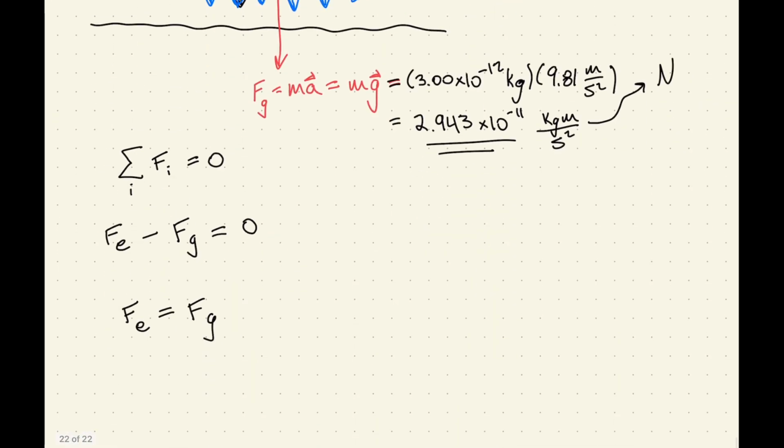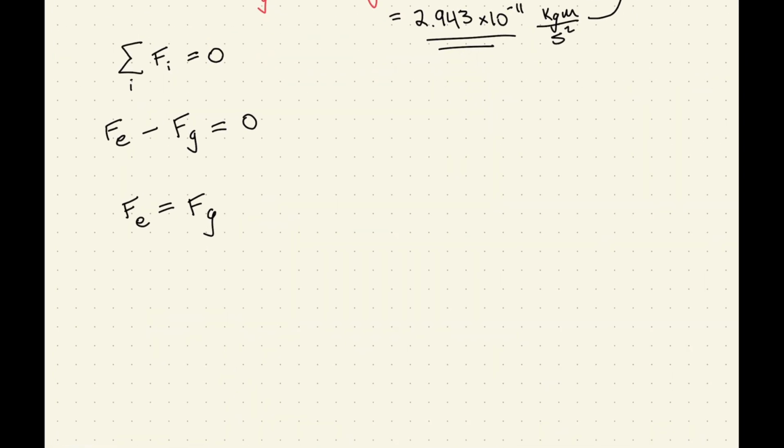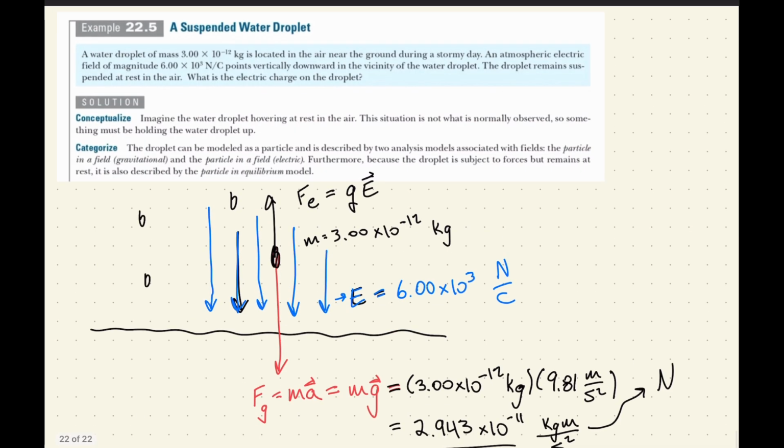So let's see what we get when we expand this equation here, right? So let's put this one here in the middle. We'll work with this one. On the left-hand side, we have Ke. Actually, in this case, we don't have two charges.